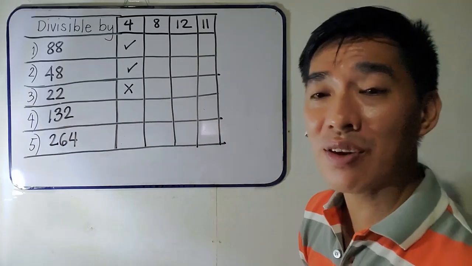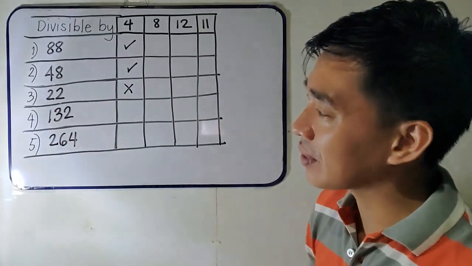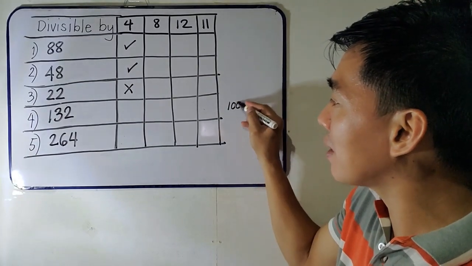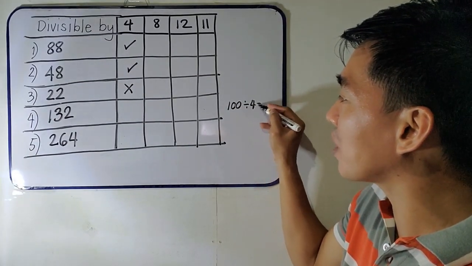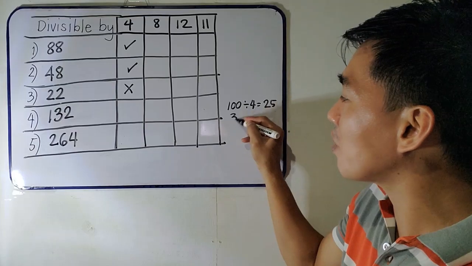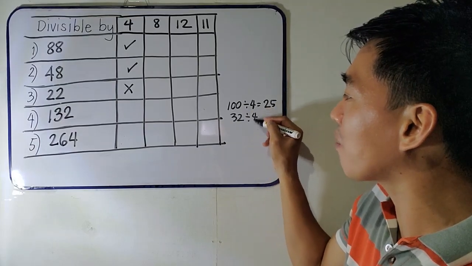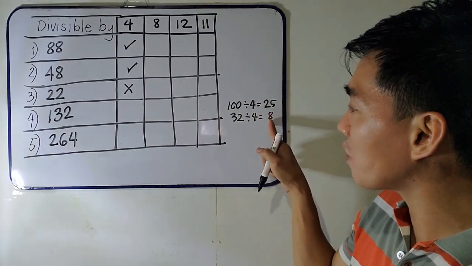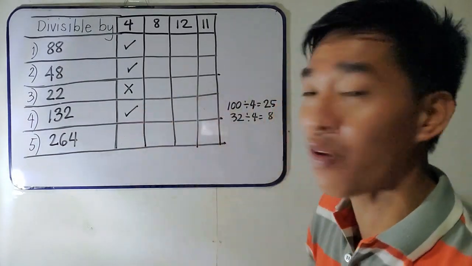This one, 132, I believe that's divisible by 4 because 100 is divisible by 4, which will give you 25, and 32 is also divisible by 4, which will give you 8. So 132 divided by 4 is equal to 33, so that's divisible by 4.